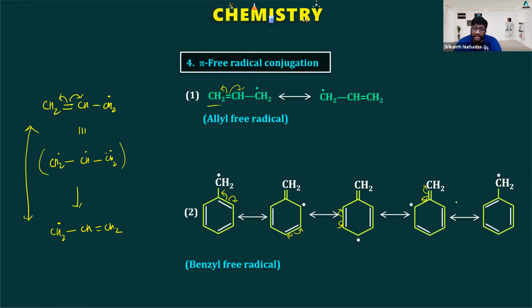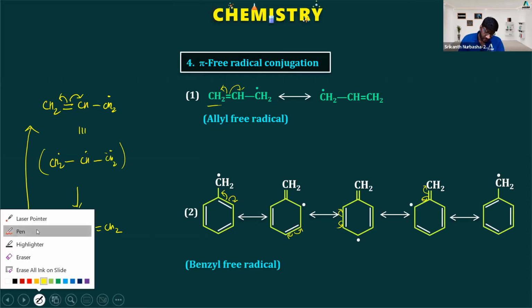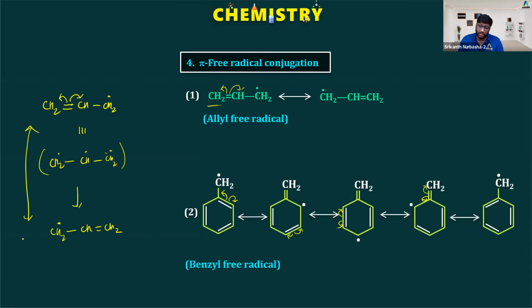You should concentrate carefully on the resonating structure at every ortho and para position, where the effect is seen, either positive charge, negative charge or free radical. So the mesomeric effect, or the resonating effect, is only possible at ortho and para positions. If we have a substituent at the meta position, it will not show the mesomeric effect. That is the point you should understand, and we will be discussing it in the upcoming slides as well.